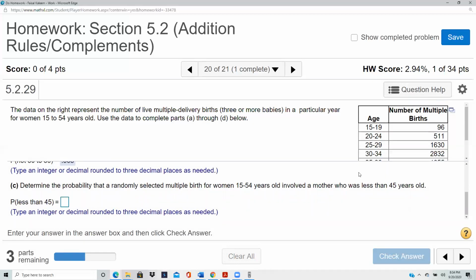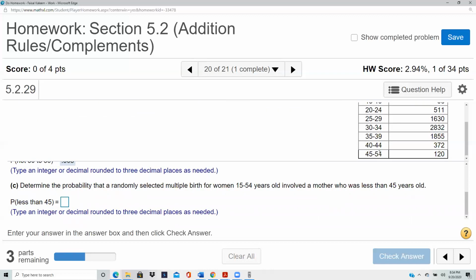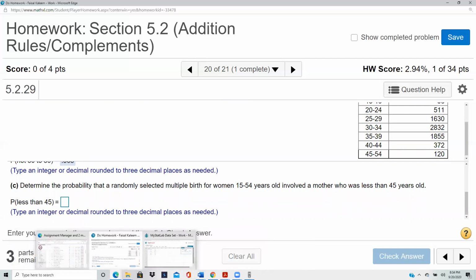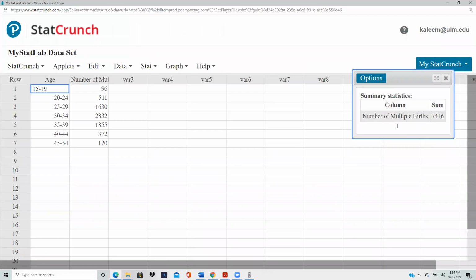Who is less than 45? Less than 45 is everybody except this one. Again, the faster way is, instead of counting all those who are less than 45, we know that this is the only one that's not less than 45. The total was 7416.